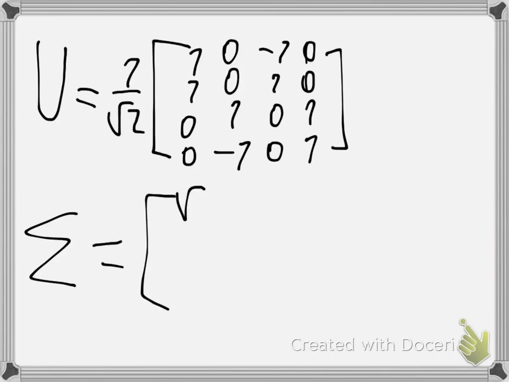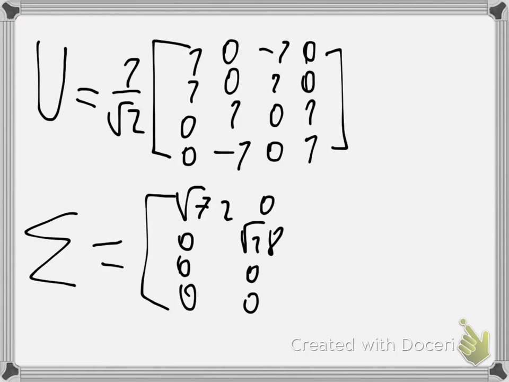So we'll get square root of 72, 0, 0, 0, square root of 18, 0, 0, 0, and 0, 0, 0. Because the two last singular values are 0, even if the fourth element isn't on the diagonal, because it's 0, it doesn't really matter.